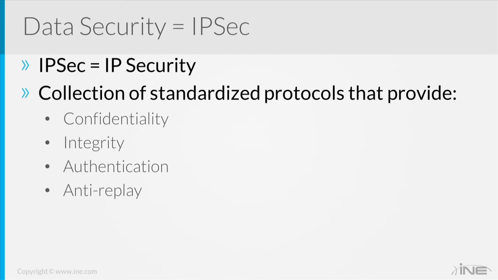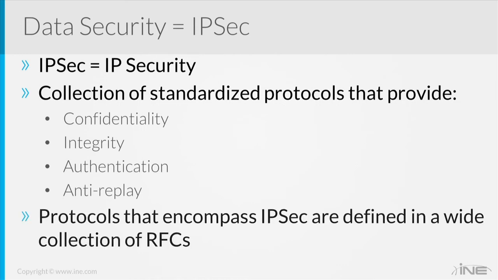So IPsec is a collection of protocols. IPsec itself is not actually a protocol. It's the name of a collection of protocols that you can pick and choose to do one or all of these things right here. And there's a wide variety of RFCs. There's not just one RFC.